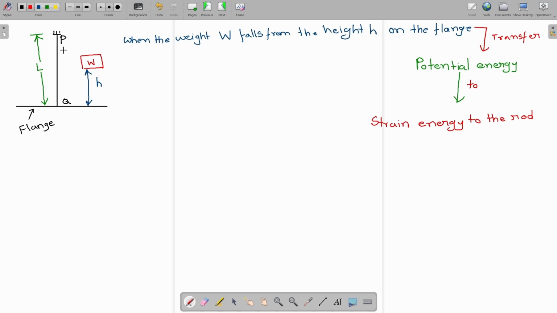This is the rod. So we can write it like this. When a weight falls through a height H, it gains potential energy.